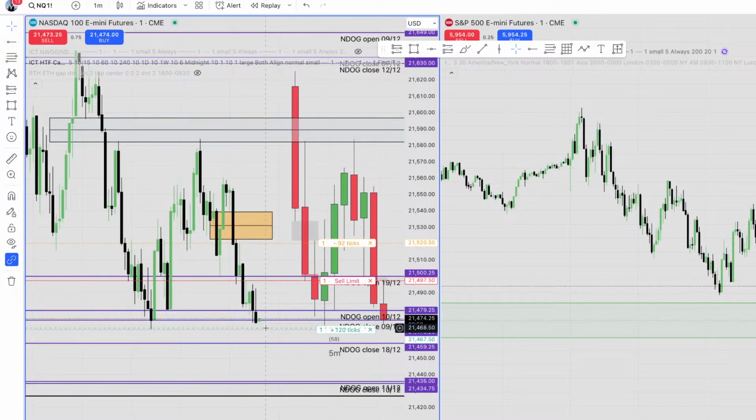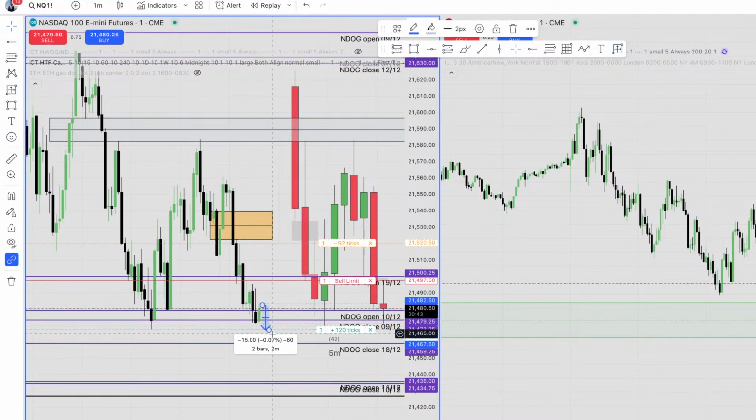Yes. This is a valid entry, but the TP is so low. This is just nothing.